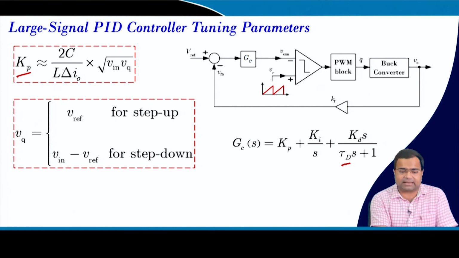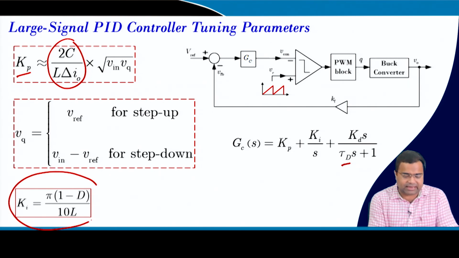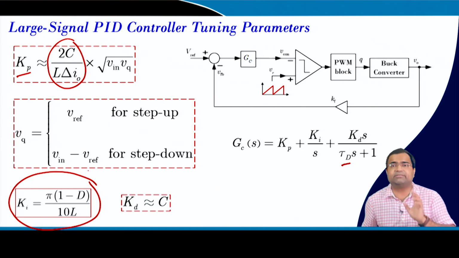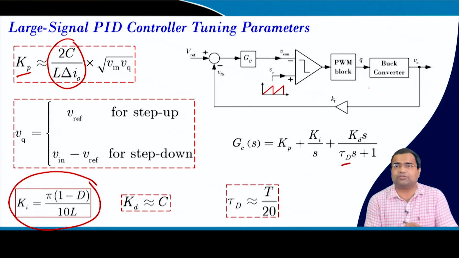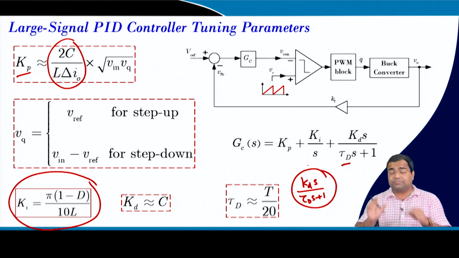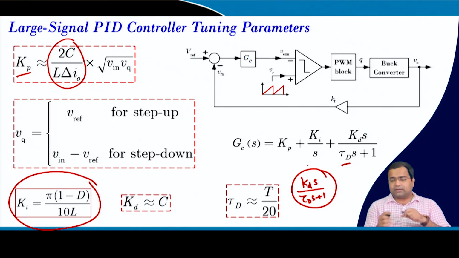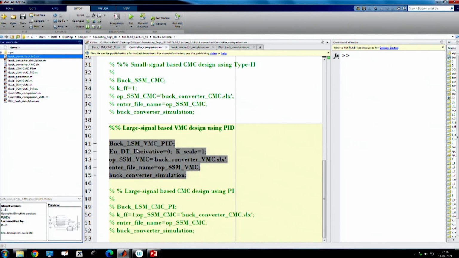This is the same that we have discussed, only some modification will be here, and the same Ki will be used, and Kd, the derivative, is equal to C. Since we are using derivative control, we need to use a band limited derivative, that is Kd into S over tau d S plus 1, and this tau d should be much smaller than the time period because we are using fixed frequency control. So that tau d should be small so that you can get close to derivative action because that will carry the ripple information. So, let us go to a simulation case study and check.